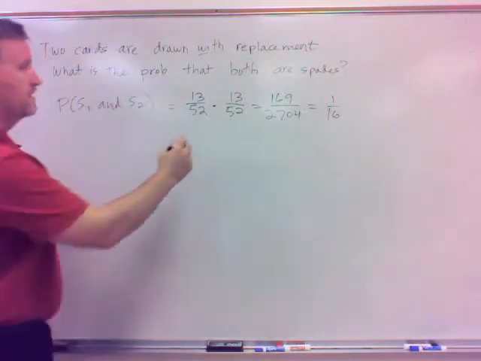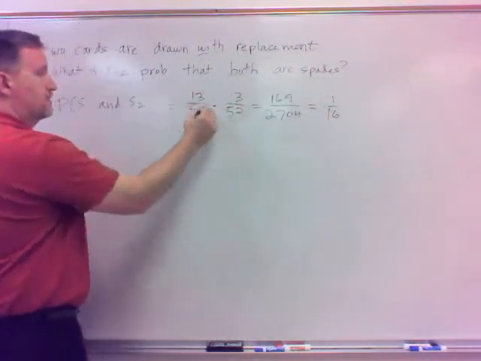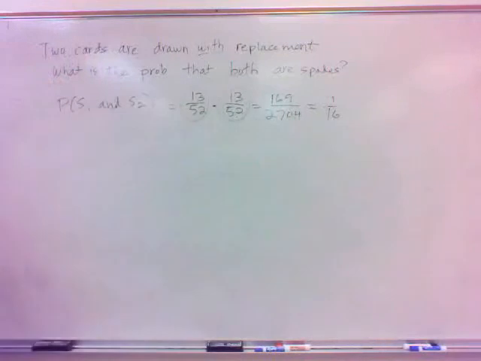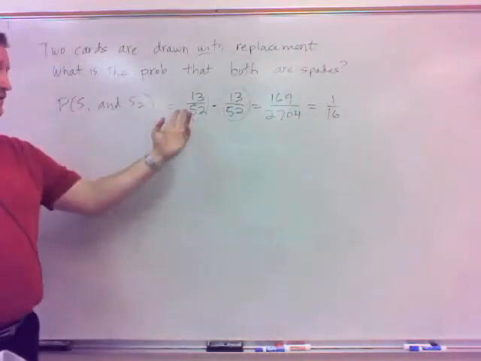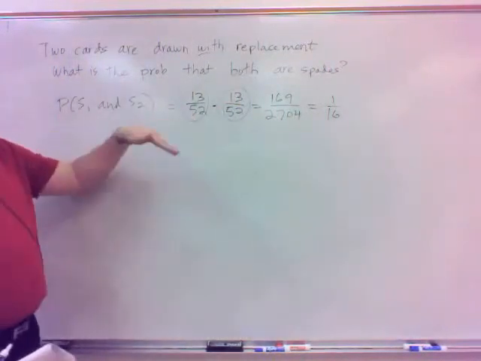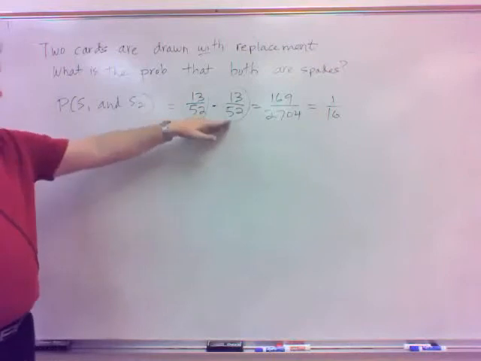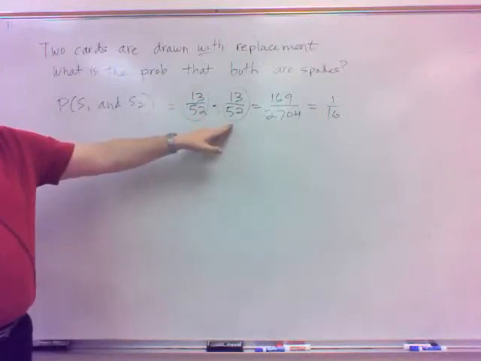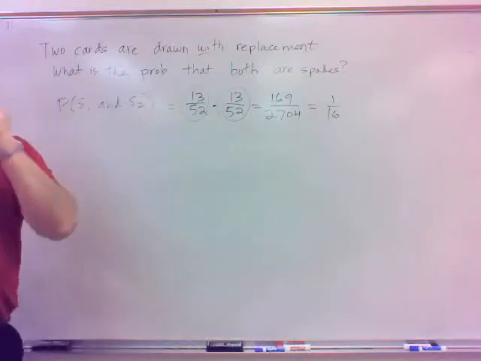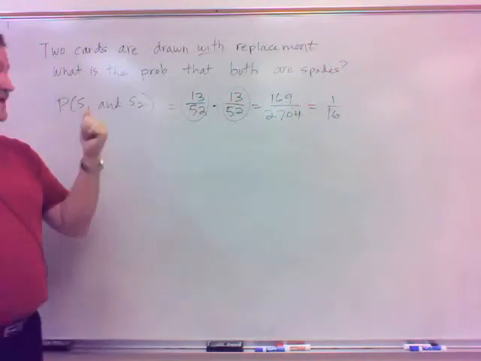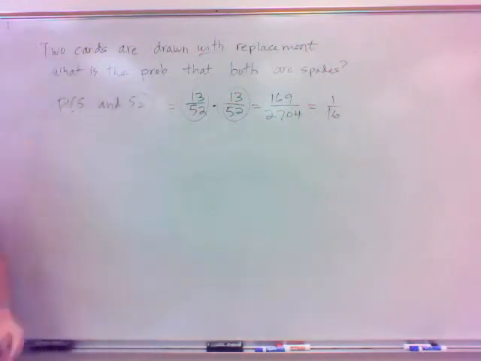What we saw was this probability didn't change. I mean, it was spade here and spade here. Without replacement, this second one changed. With replacement, it didn't. In that case, what we have here is what's known as independent events.